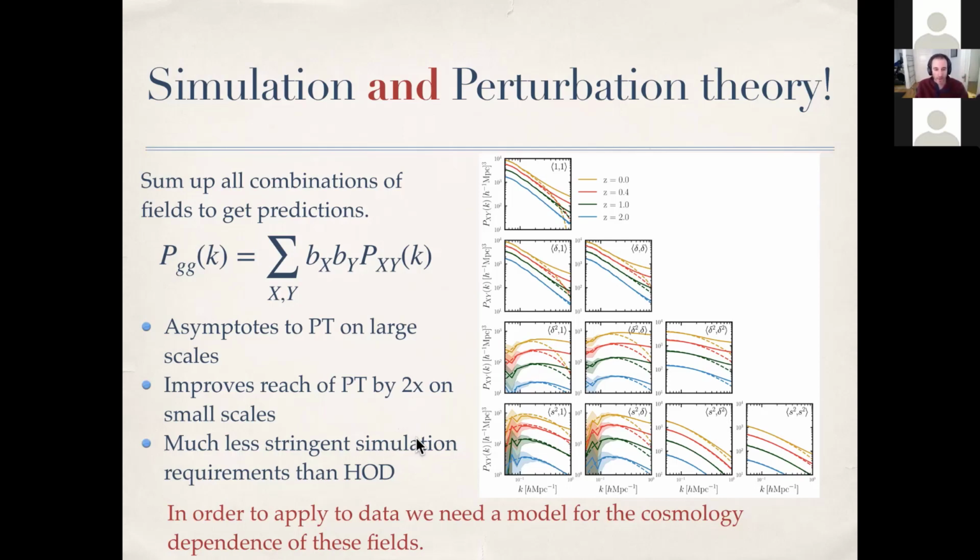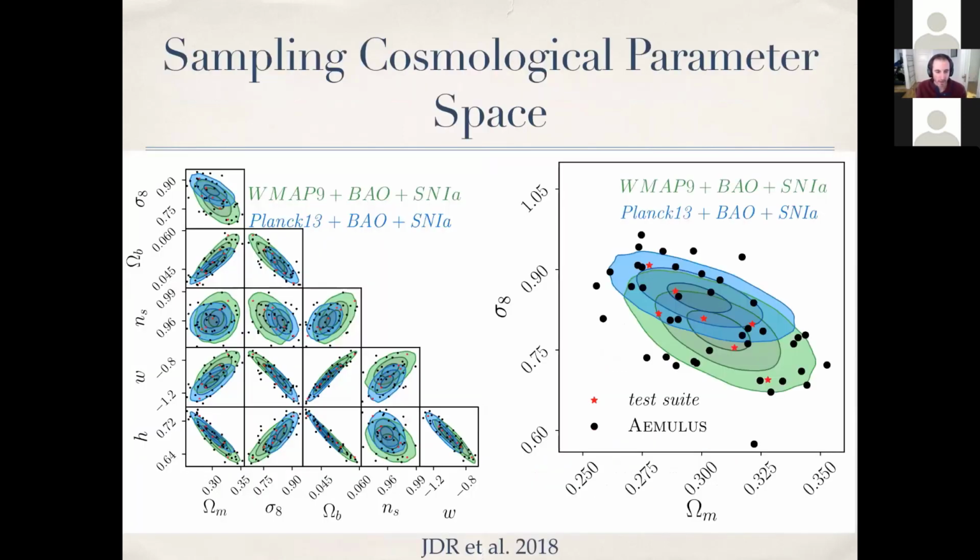But because we've gotten rid of our ability to analytically predict these solid lines, we need a numerical model for the cosmology dependence of these predictions. So luckily we have just the set of simulations to do that.